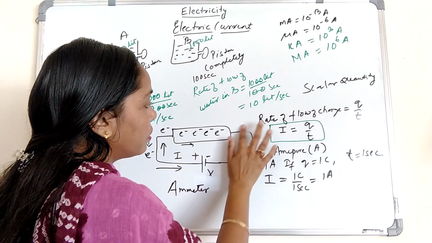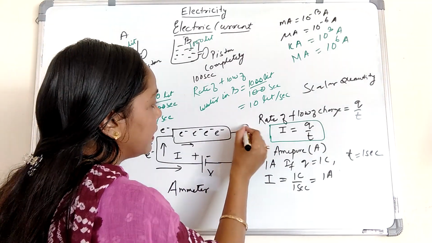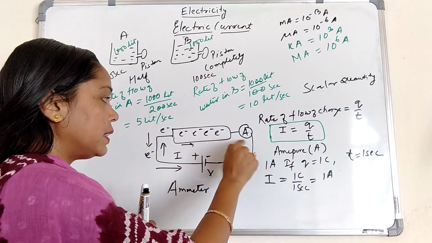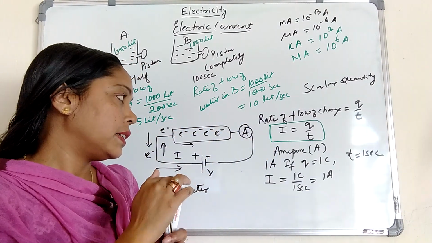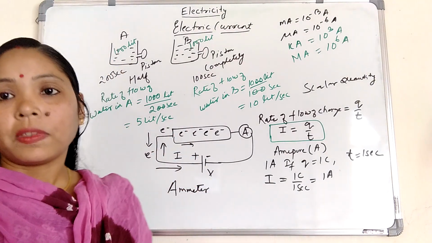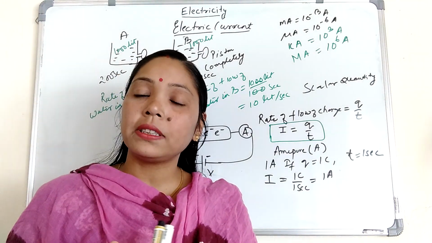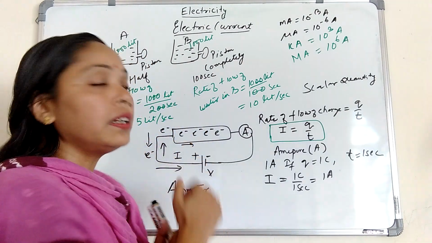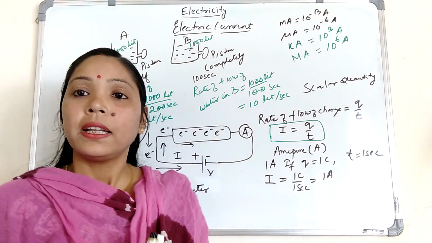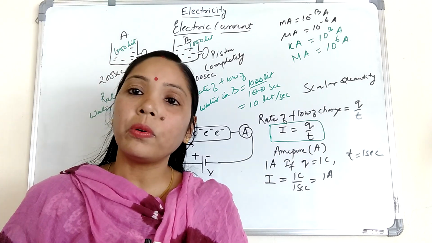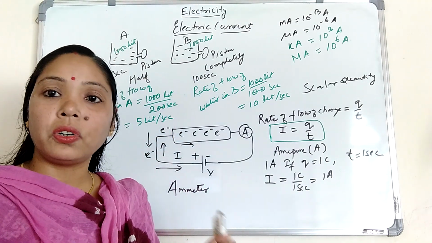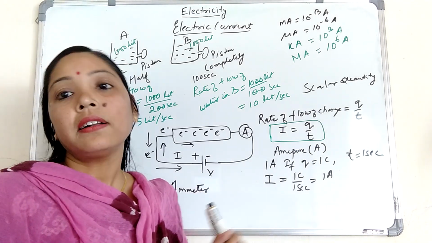So just connect one ammeter here in series. This is the ammeter A. I am connecting it with this conductor in series. We have to always connect the ammeter in series to the conductor because the ammeter is a low resistance device, so that it cannot draw any extra current.